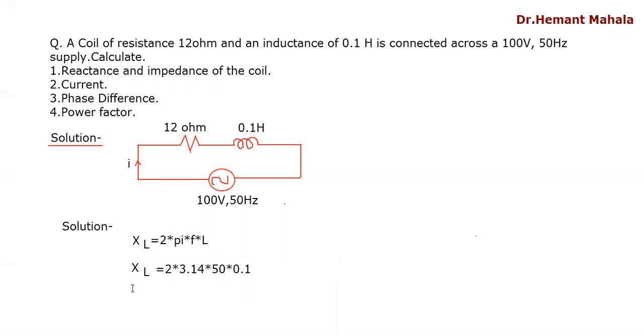After calculation, the result obtained is XL is equal to 31.416, and I have already told the unit is in ohms. Okay, so it is our first answer.